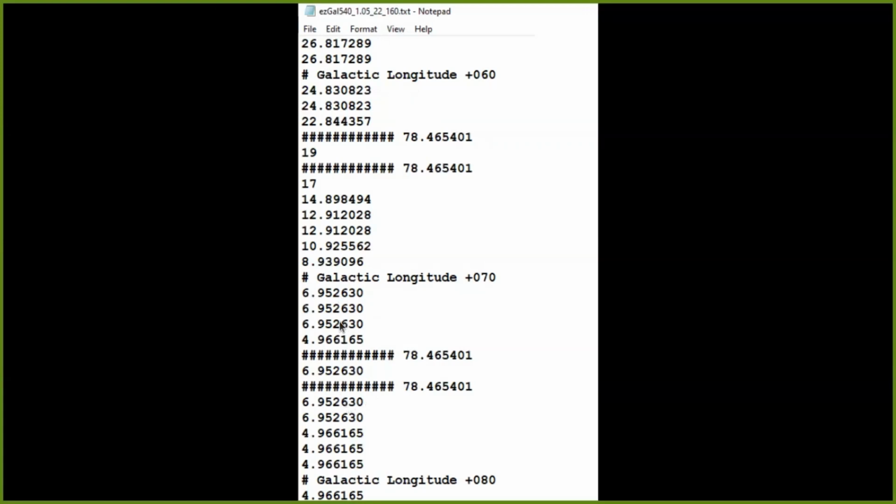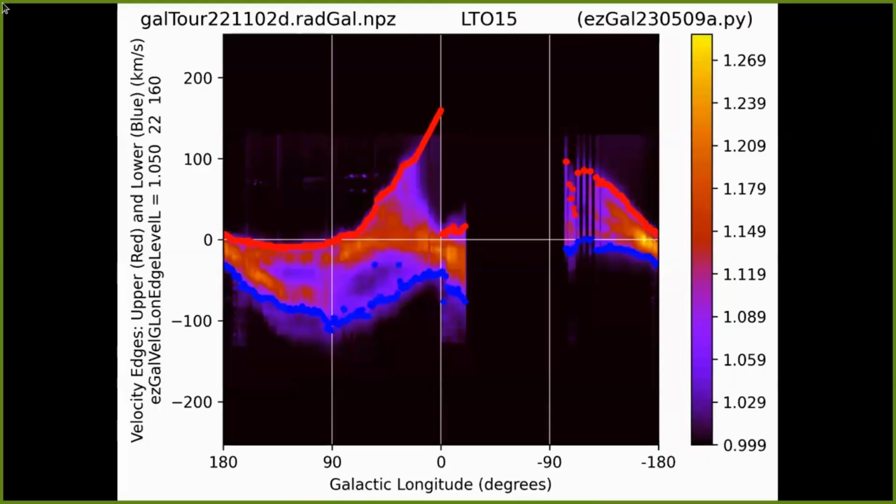And now the numbers climb along at 6.95, and that's a little smoother. I instructed ezGal to read from this new and improved file, and it looks pretty good. Here's the red line of dots coming along here with values. Let's use that for further calculations. The RFI spots are gone.